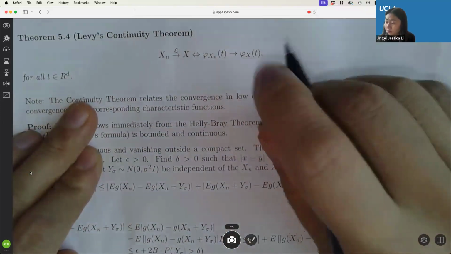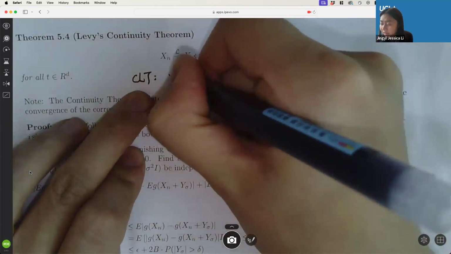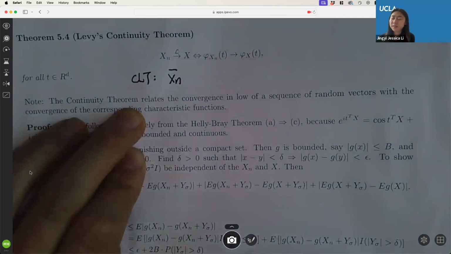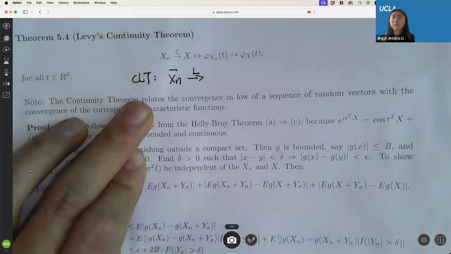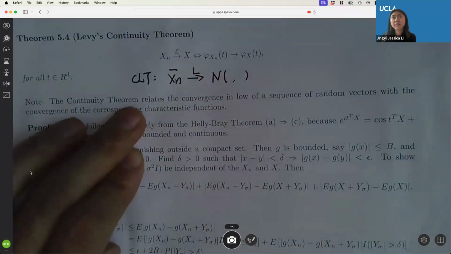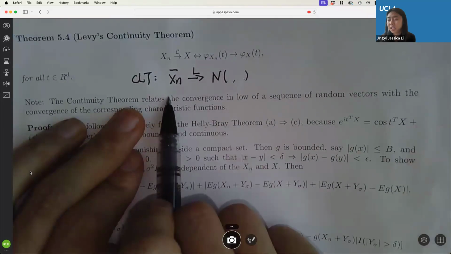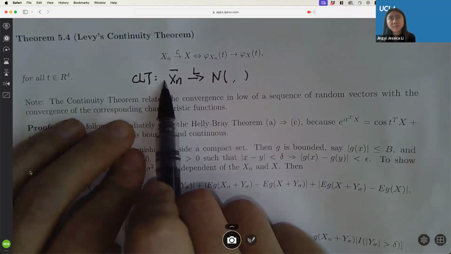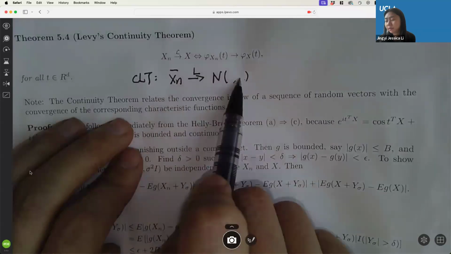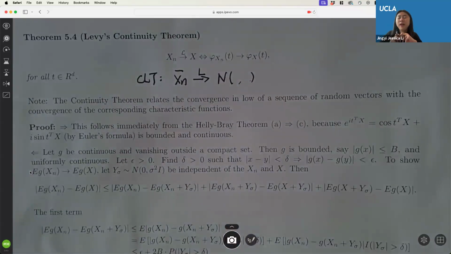Recall that for the central limit theorem, we have Xn bar, the sample mean, converges in law to some normal distribution. But here I'm skipping all the details because you also need to consider the sample size n somewhere, and the population mean. So I'm putting it here in the empty form just to help you remember what you have learned before, but we'll show you the detailed result later.